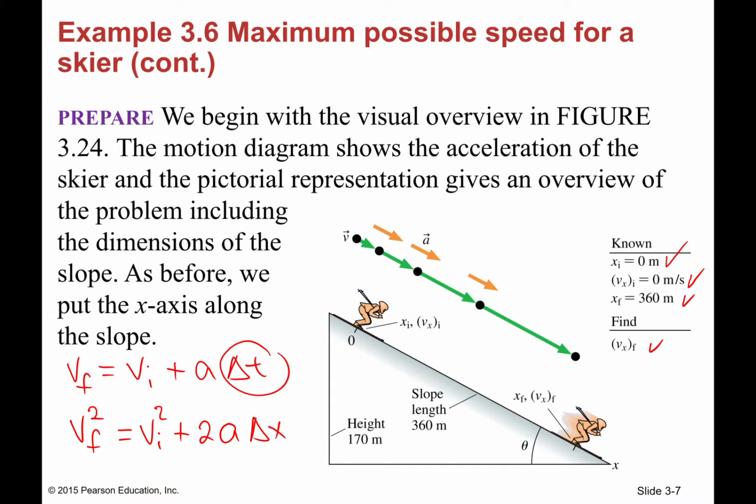And now that helps because we know delta x, this is 360 meters. We know the acceleration, right? The acceleration is going to be given by the acceleration in x, which is a sine theta, which is equal to g sine theta. And we know the initial velocity, which is 0, because we start from rest.